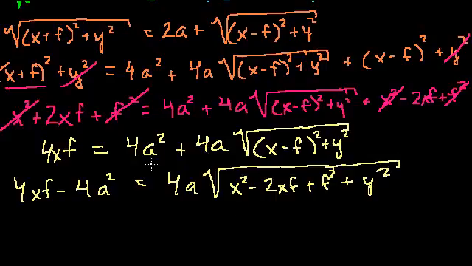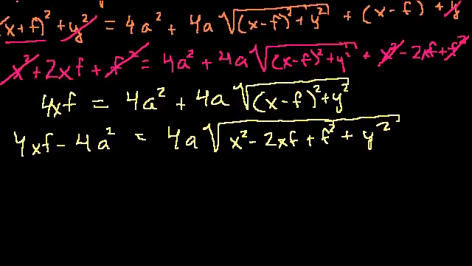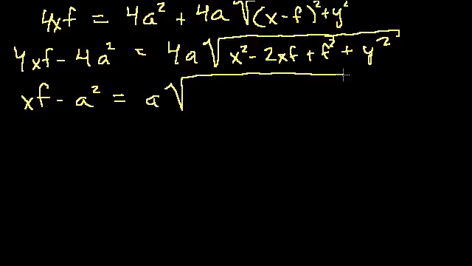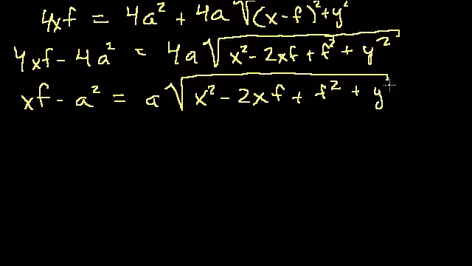That's the y squared right there. We can divide both sides of this by 4. All I'm trying to do is simplify this as much as possible. So then this becomes xf minus a squared is equal to a times the square root of this whole thing, x squared minus 2xf plus f squared plus y squared.